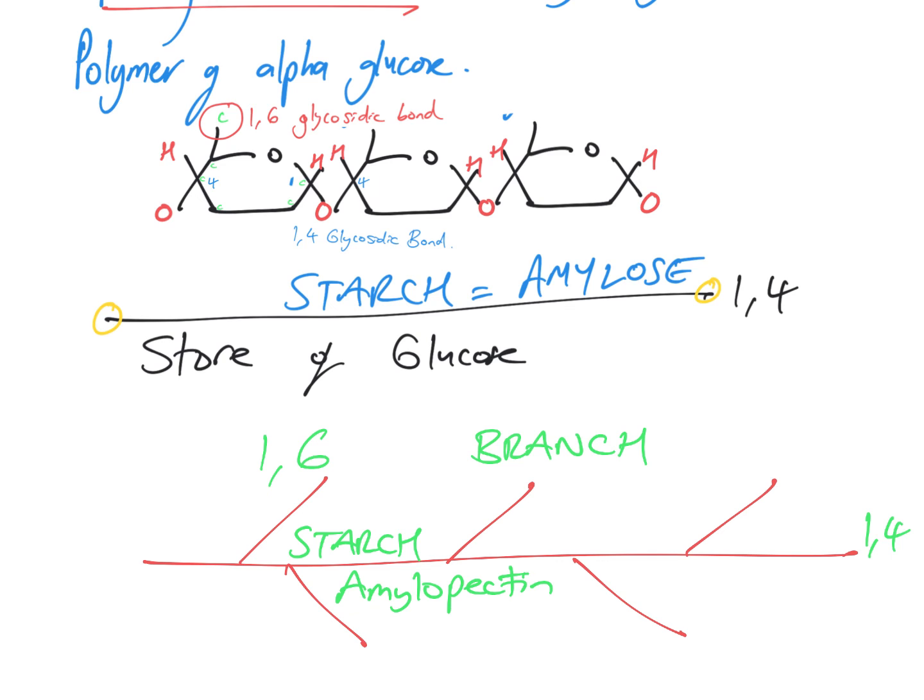Whereas if I had amylopectin, just even in my example on the board, I can do 1, 2, 3, 4, 5, 6, 7. So it releases glucose far more quickly.